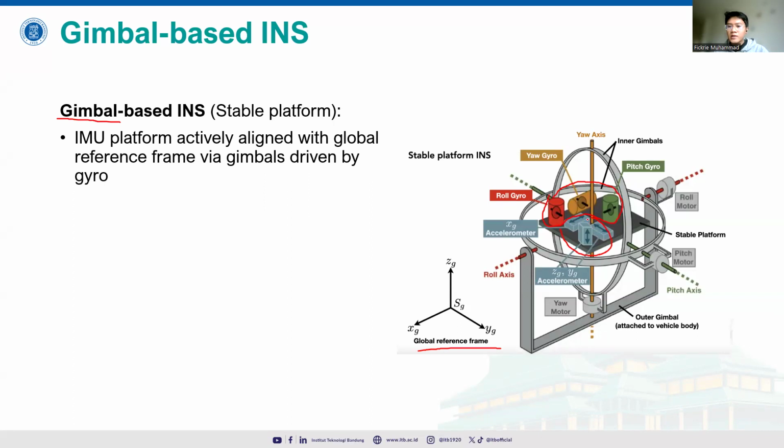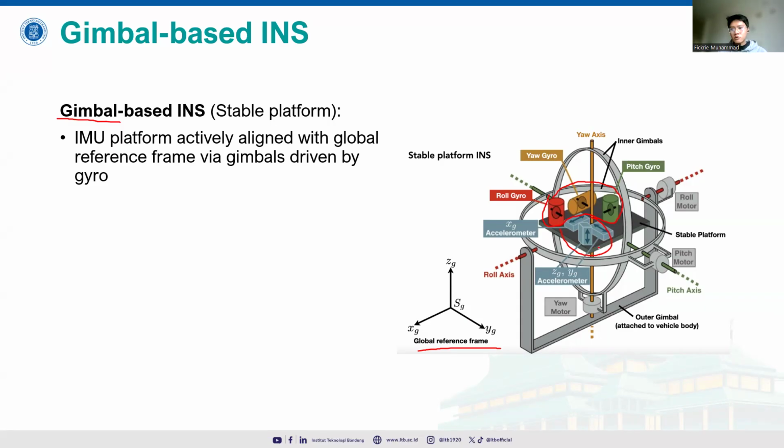By placing the sensors inside the gimbal, they always reference the global reference frame, and when we move the sensor along with our body, for example our AUV, it directly measures the linear accelerations and the global orientations, because it directly measures the changes relative to the global reference frame, right?